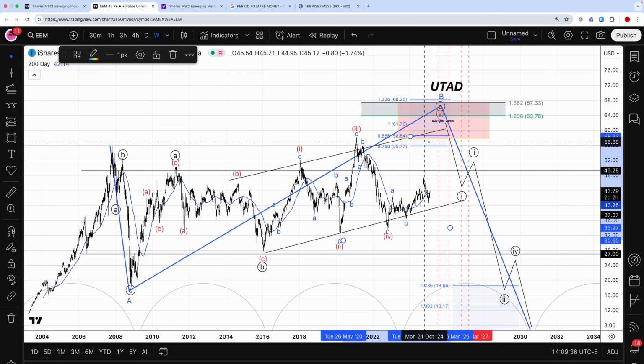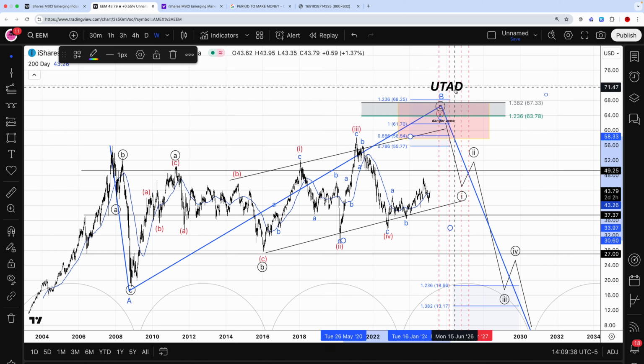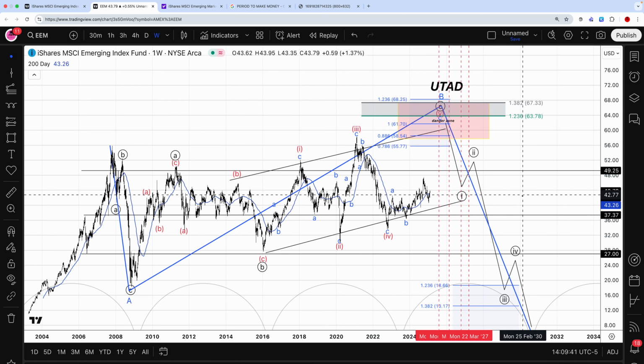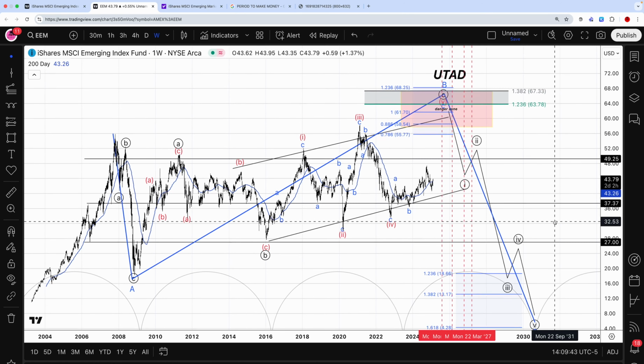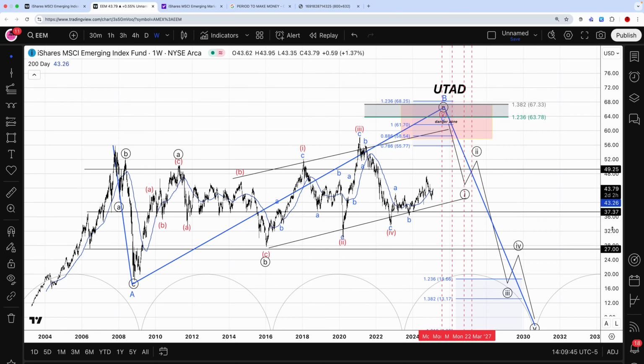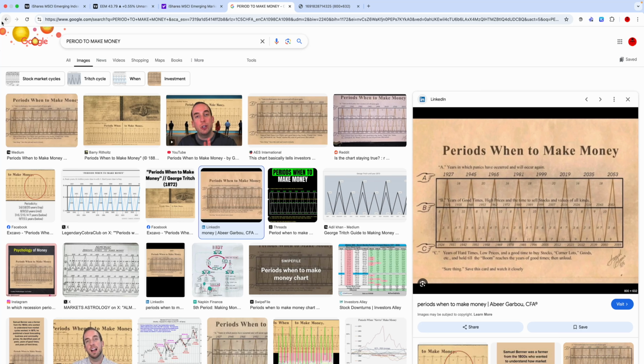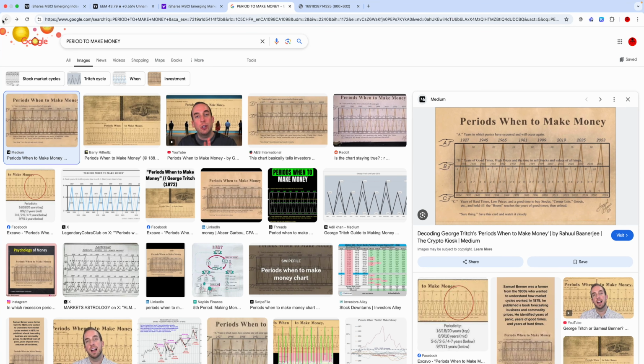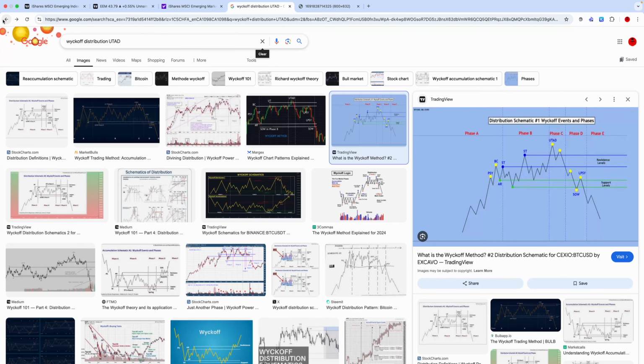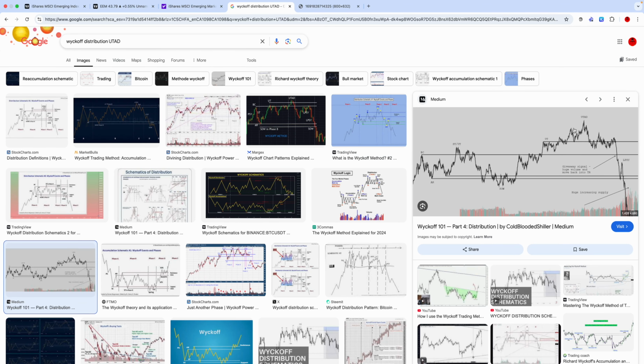Okay, so as we hit these fibs over here, you would want to heavily de-risk. Not financial advice, but yeah, this is what I see for equities. You see your UTAD over here, this is Wyckoff distribution. You see how you just grind your way to the upside and we have one last sweep of the highs?